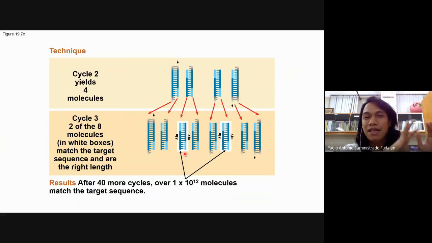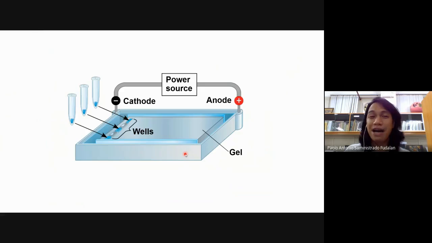And these can be done as one workflow in the laboratory, but it was just divided in your laboratory exercises. So the next laboratory exercise is actually a continuation of this workflow. It's called agarose gel electrophoresis. And the results of our PCR, we're going to load in an agarose gel.